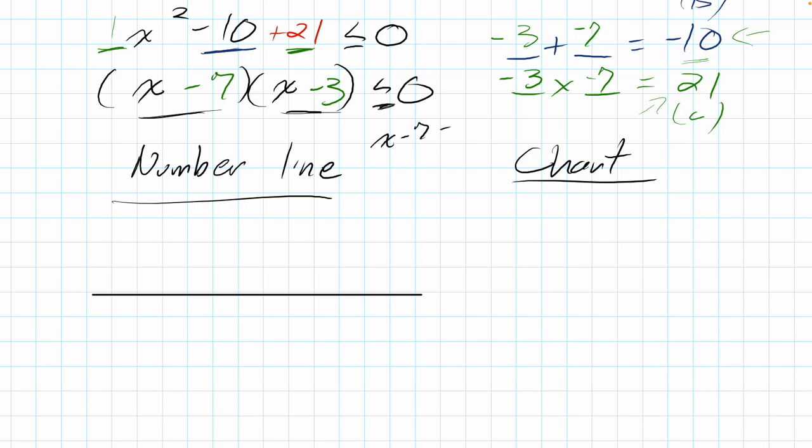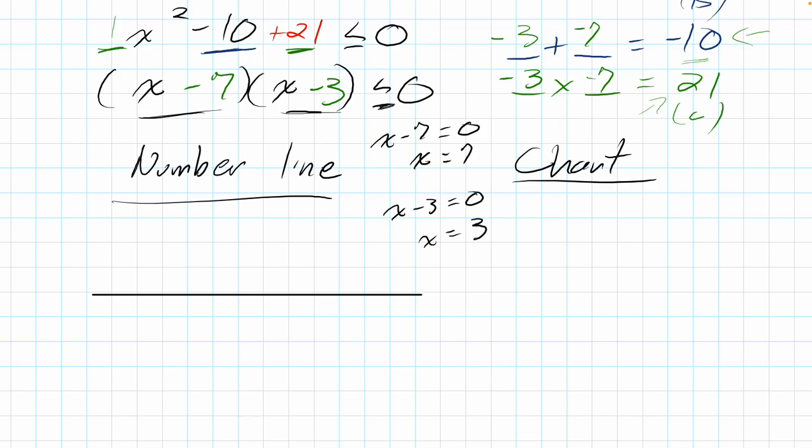X minus 7 is equal to 0, we'll say, and x minus 3 is equal to 0. Now, the reason I didn't put the greater than and less than sign is because we're going to use the number line to actually figure out that piece, okay? We'll explain it in a minute. Here we end up with x at 7 and x at 3. So we have two key points here.